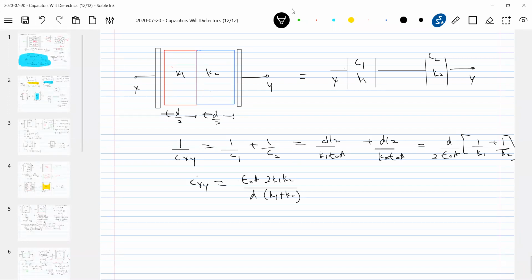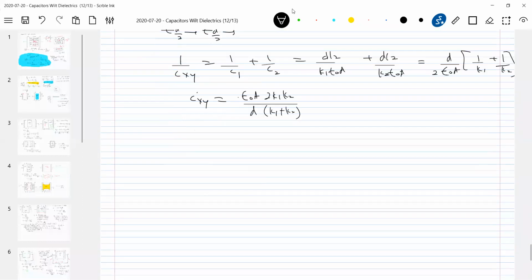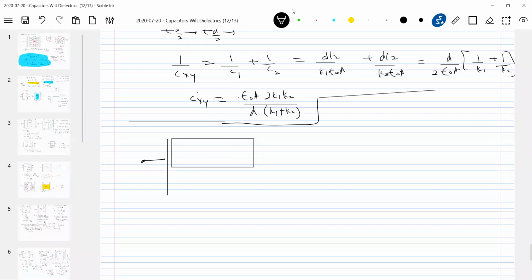Similarly, if they are connected in the other way like this, what about this?